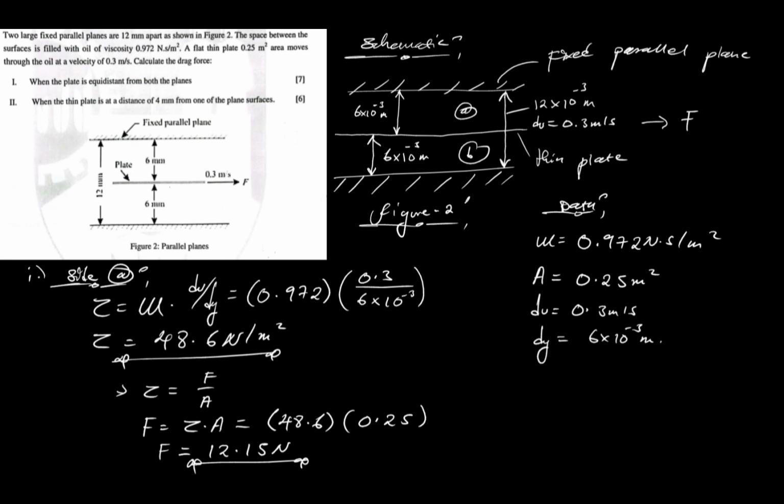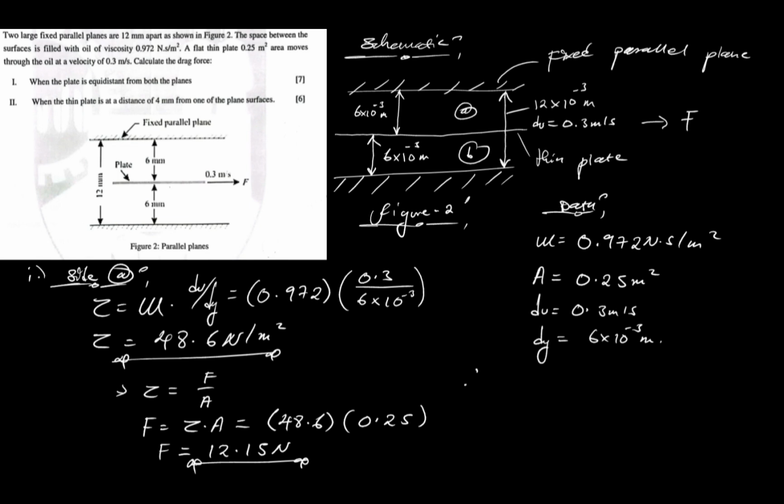Now remember, the question says it is equidistant. They're saying when the plate is equidistant from both the planes. So all we have to do to find the final drag force acting on section A and B is to multiply the drag force from one section by 2, since the distance is one and the same.